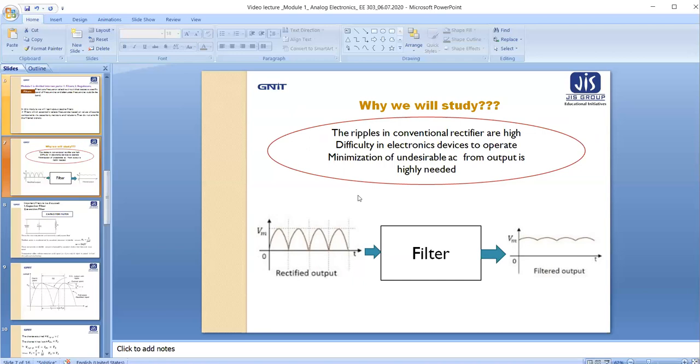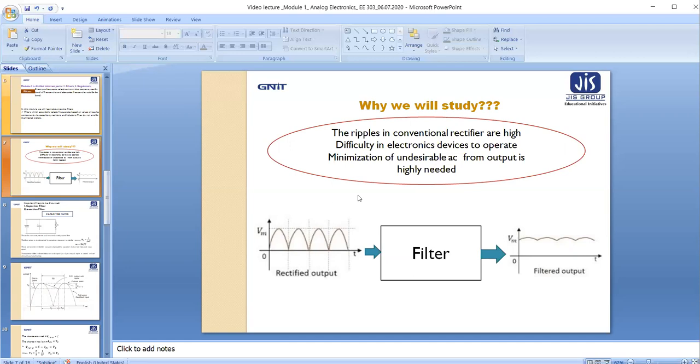If you see the pictorial representation of the filter, it is observed that at the input side of the filter, the rectifier is connected, whose output is pulsating in nature.